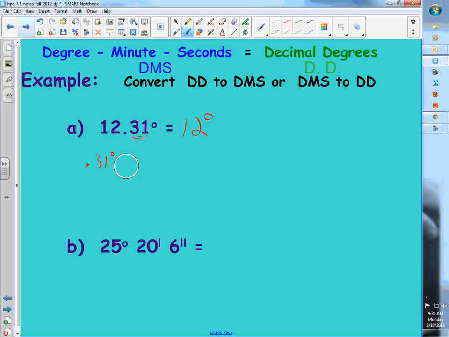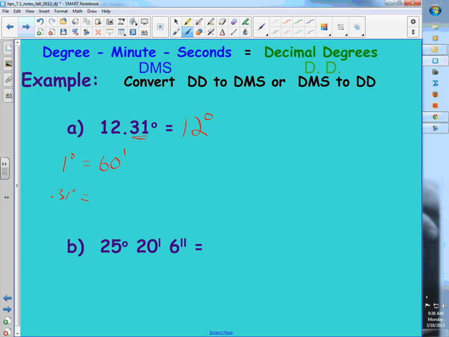Think about this. That's a good way to figure out whether to multiply or divide. 1 degree is equal to 60 minutes. What do we want? We want 0.31 degrees. What do you do to this equation to turn 1 degree to 0.31 degrees? If I took it to a 6th grader, what do you do to 1 to turn it to 0.31?